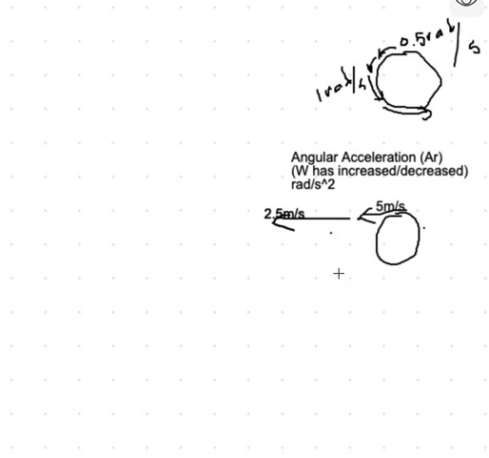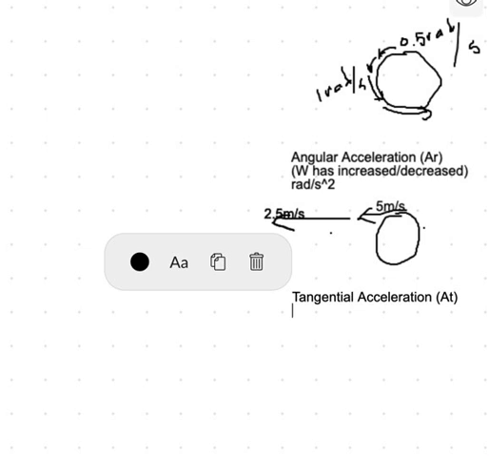This indicates that there has been a tangential acceleration, which is AT. That's because our tangential velocity, which is V, has increased or decreased, which is giving us that tangential acceleration. Now, this one's actually measured in meters per second squared, because the tangential speed is measured in meters per second, and that's what's changing.